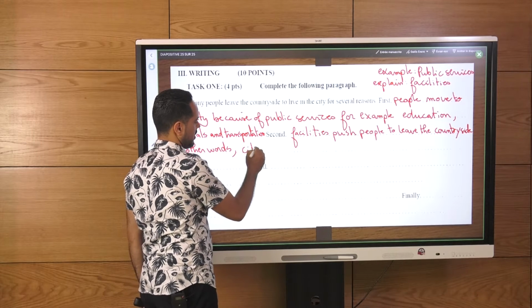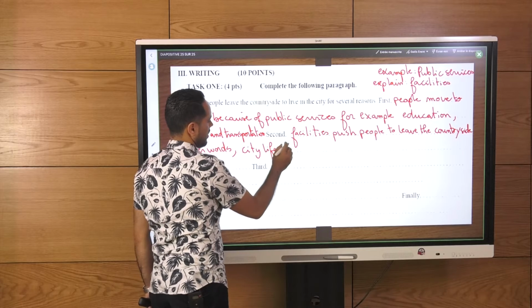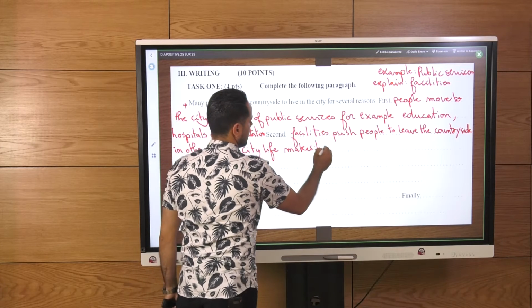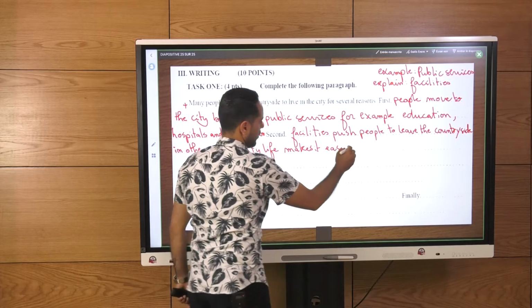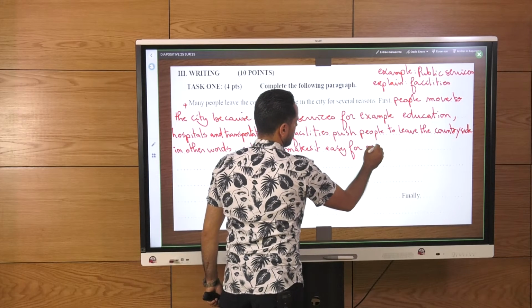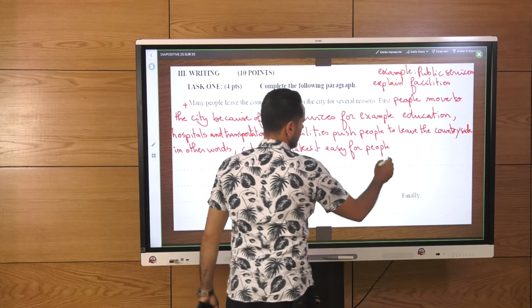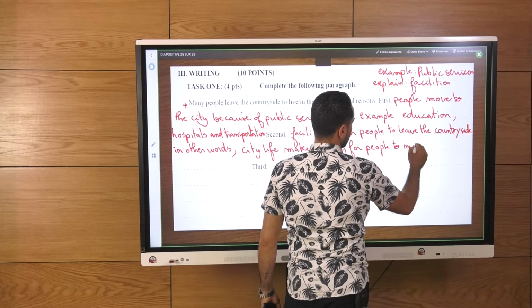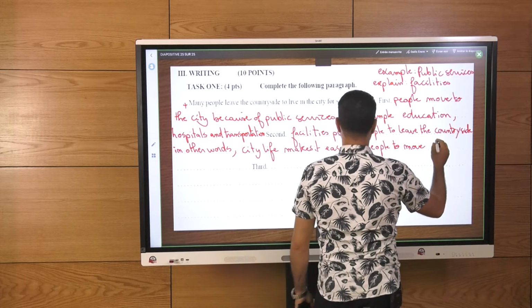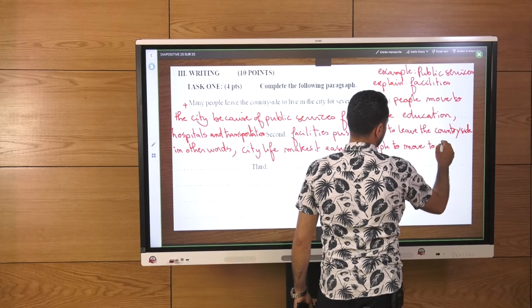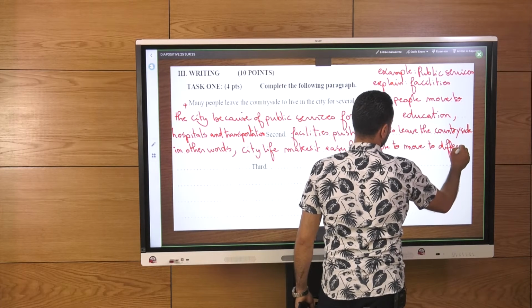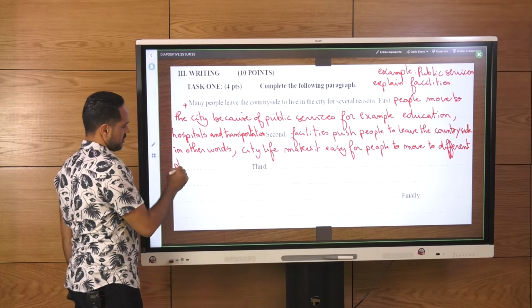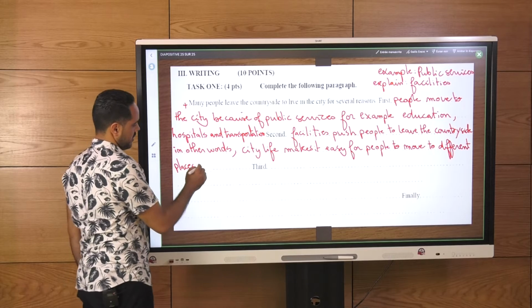city life makes it easy for people to move to different places easily.